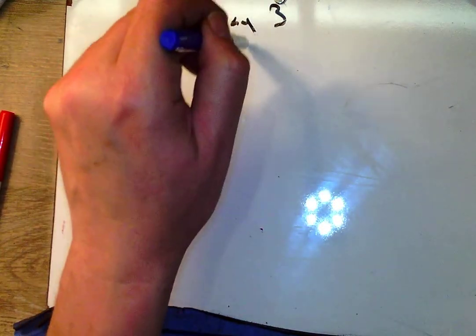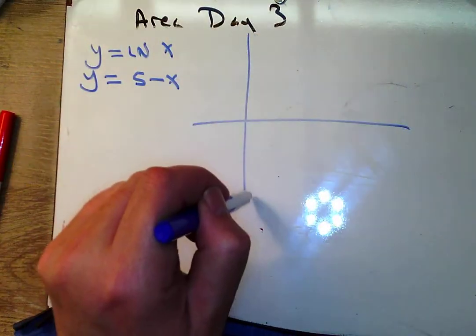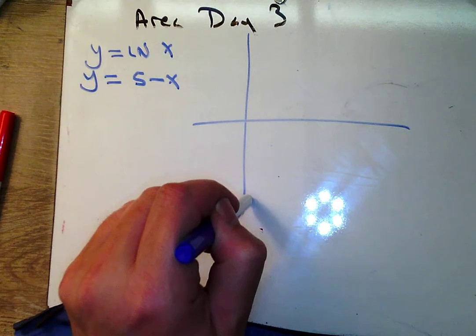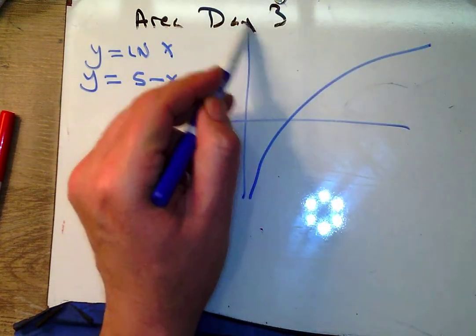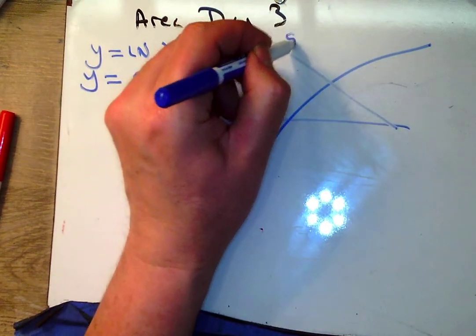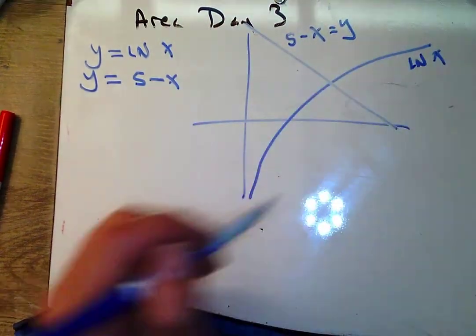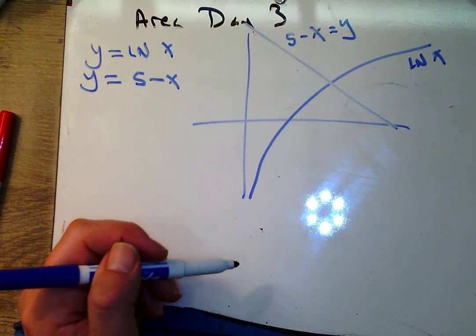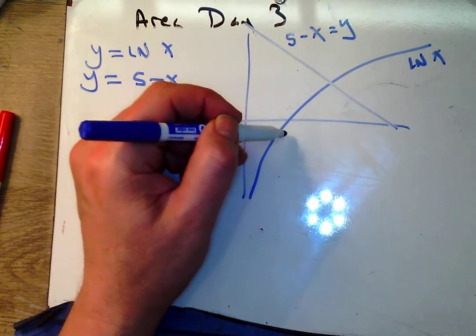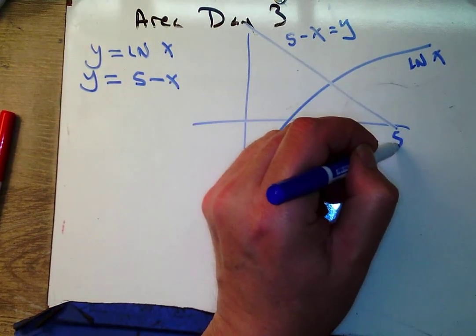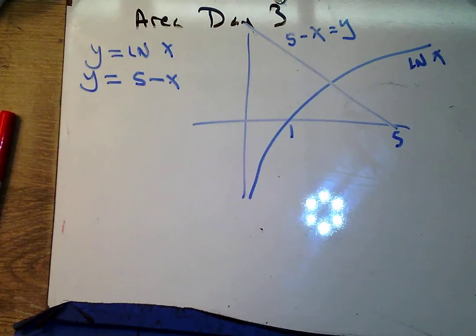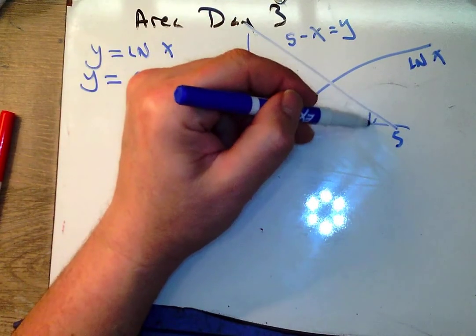Okay, so what does that look like? Well, I think that looks like this. Here's 5 minus x, and here's ln of x. And we're looking for, this is 1, this is 5. We're looking for this area here.